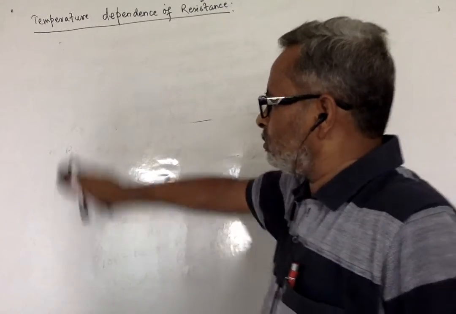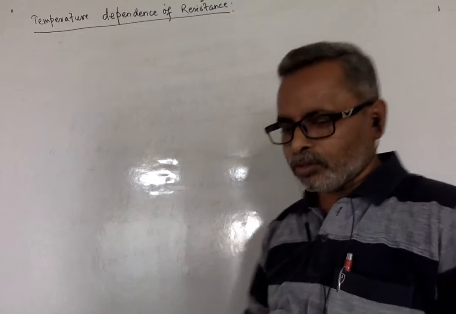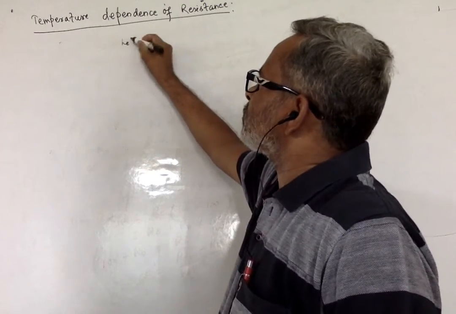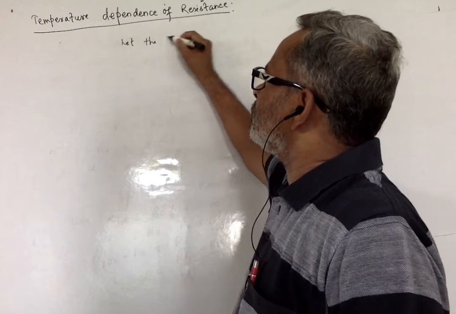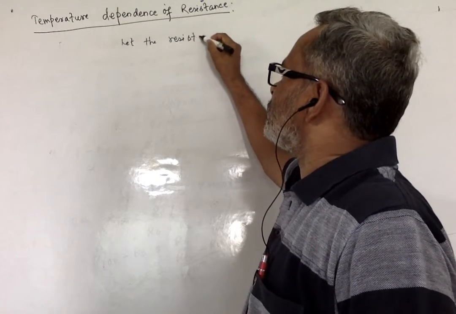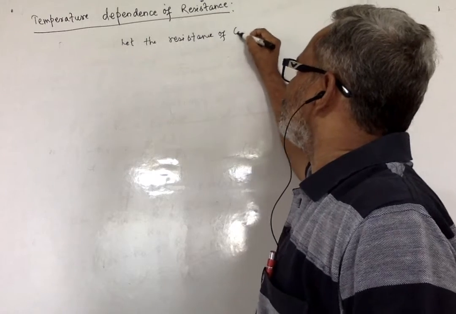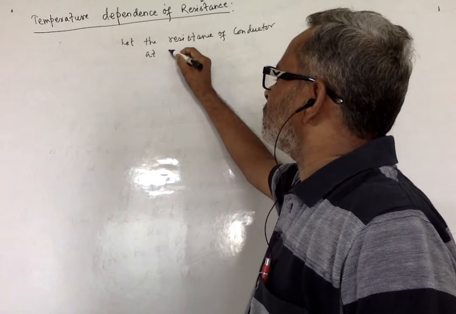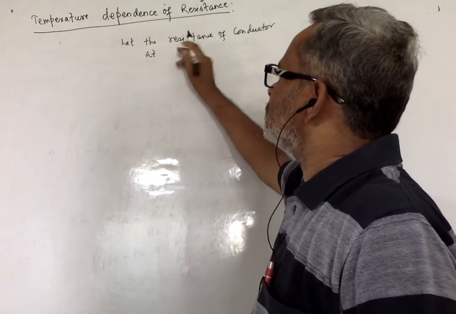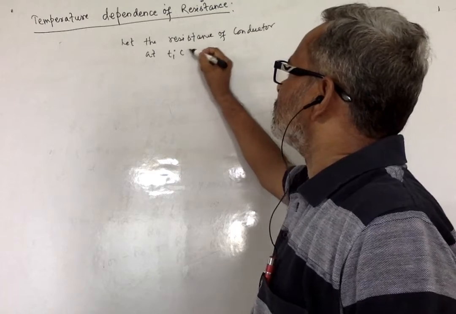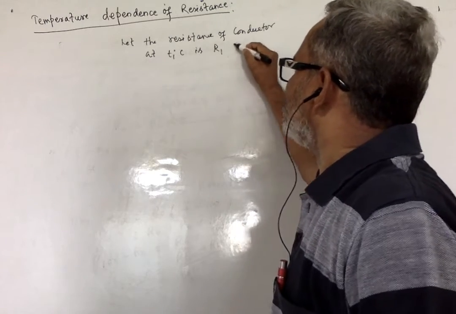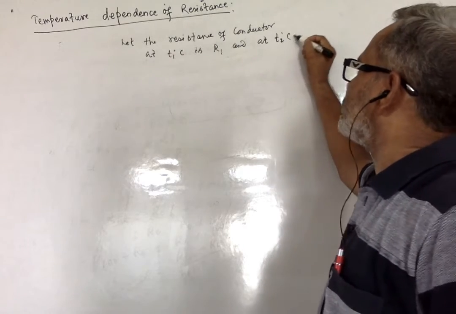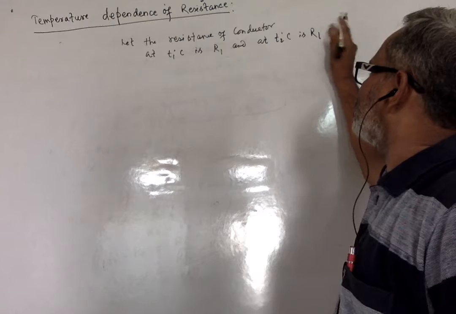Let the resistance of conductor at T1 degree C is R1 and at T2 degree C is R2.